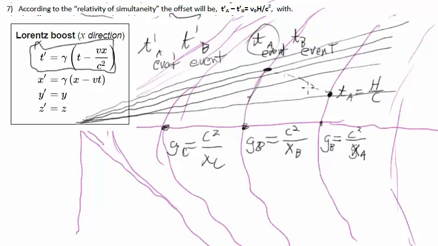So we could say T sub A is right here. We could say T sub B is right here.